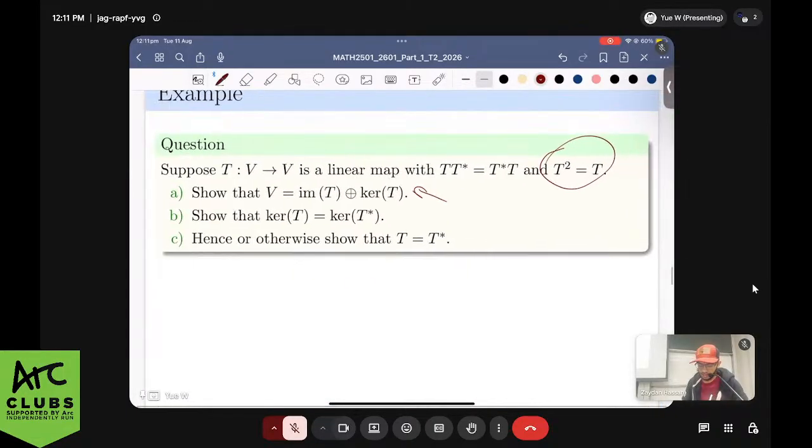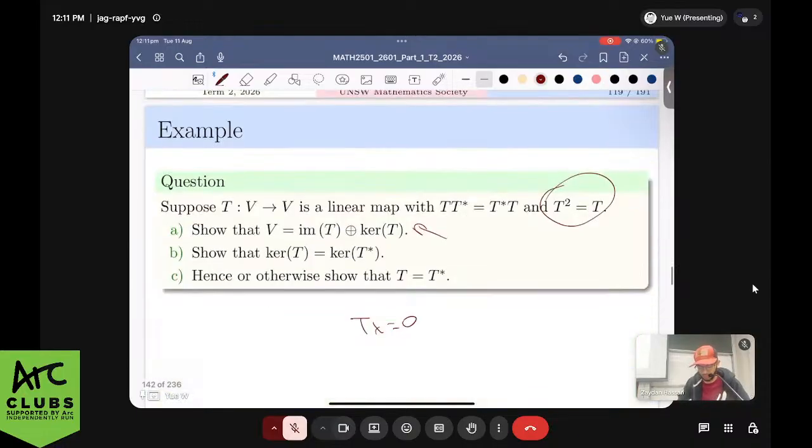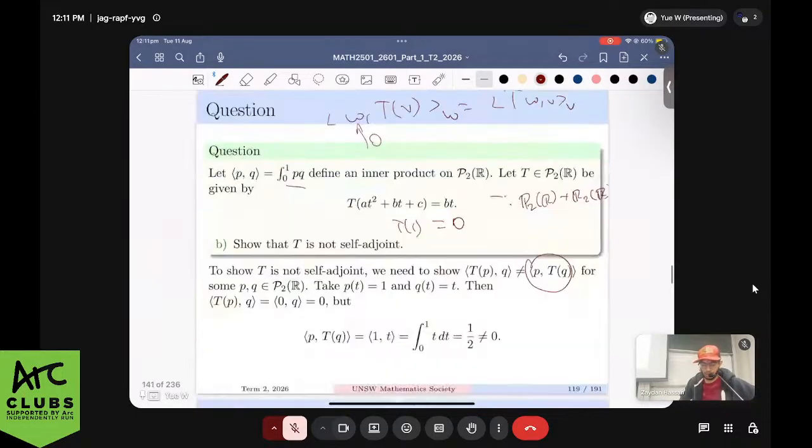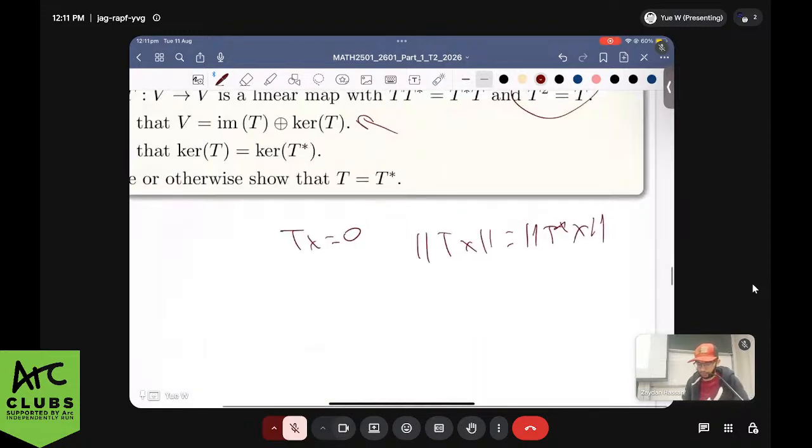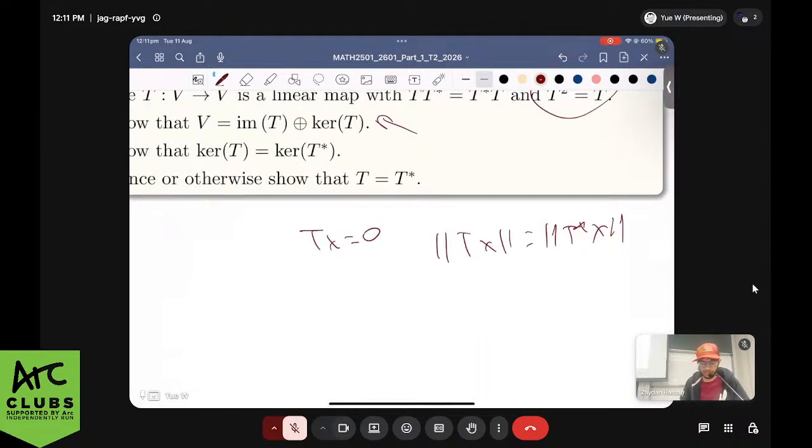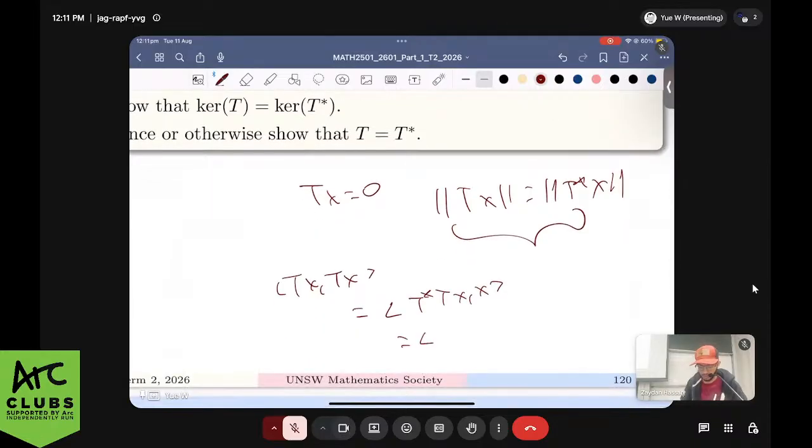Oh, okay, I forgot the condition, the norm thing. So the norm of Tx equals the norm of T star x. I should have mentioned this. This is one of the nice properties of normal maps. I'll just prove this because this is basically the whole thing. So Tx inner product Tx equals T star Tx, x, and because we're assuming it's normal, you can switch the order.